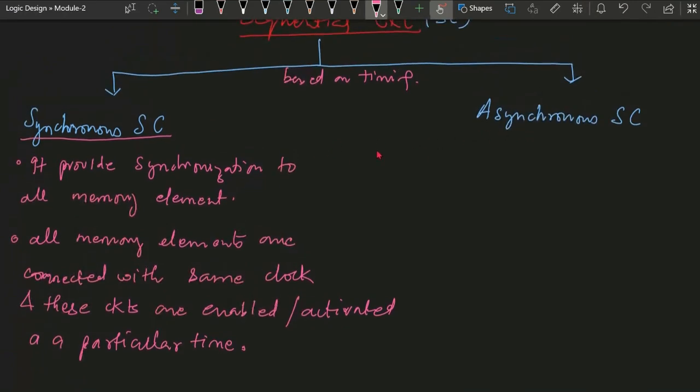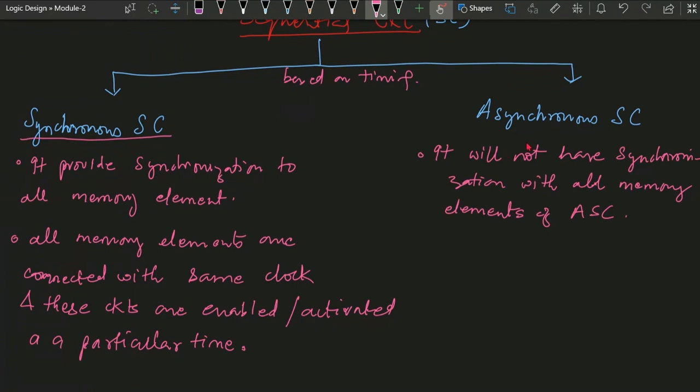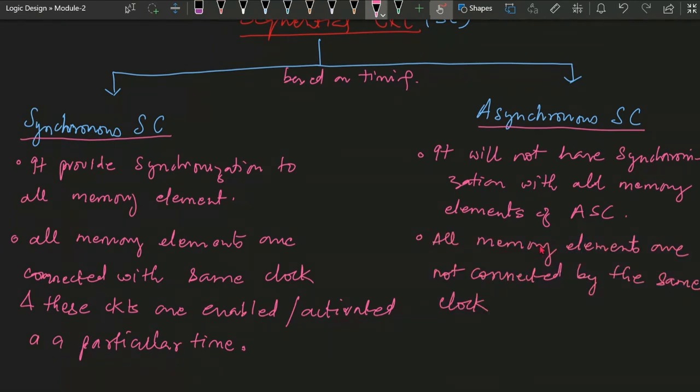Just opposite to that, in an asynchronous sequential circuit, the elements connected with each other will not be synchronized. All the memory elements in an asynchronous circuit will not be connected to the same clock.